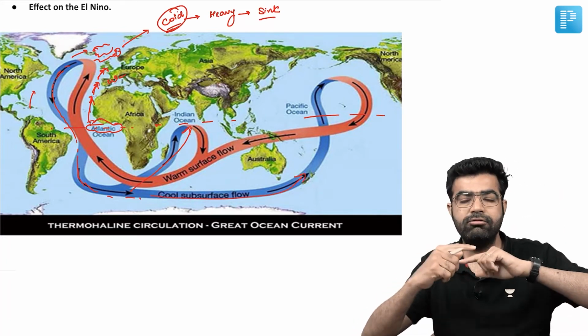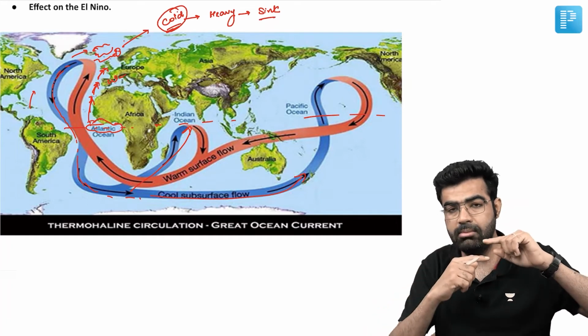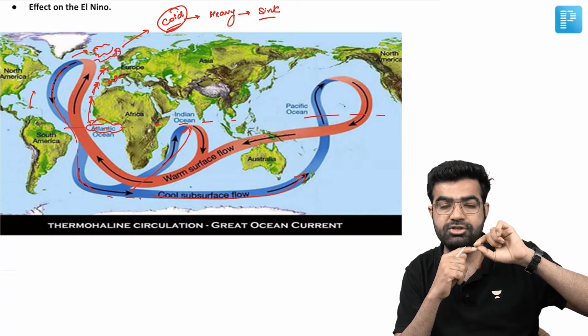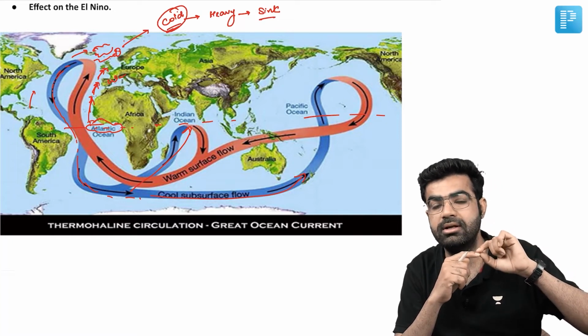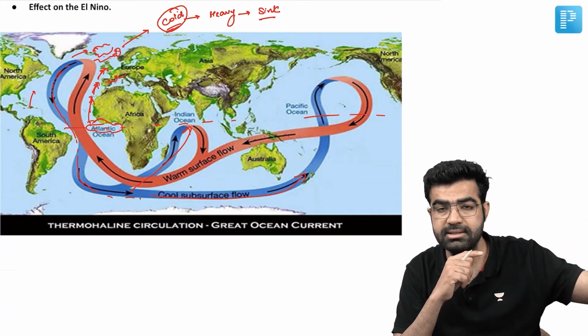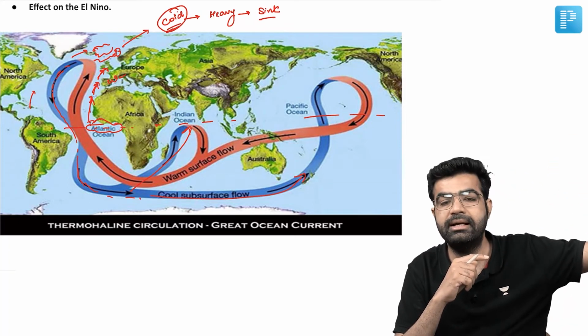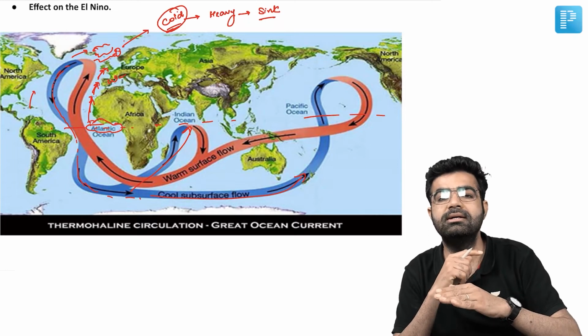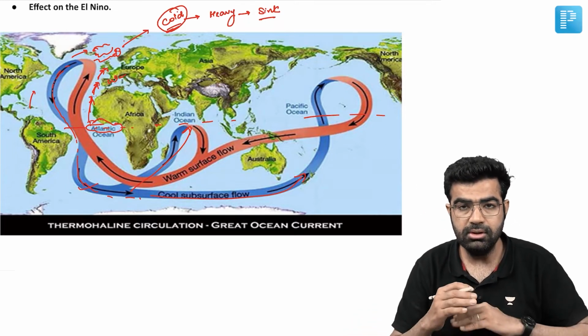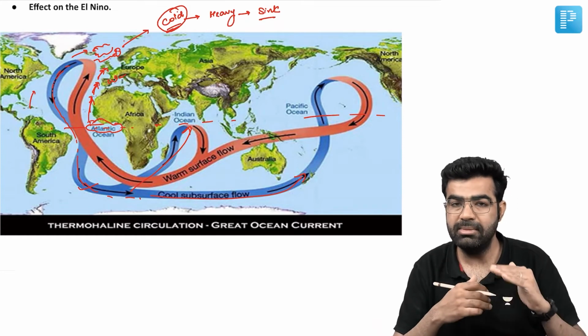So this is a kind of conveyor belt, and with the help of this conveyor belt you can actually remember how the temperature or heat distribution is occurring, how this heat is traveling towards the northern areas, and how this cold water is again traveling to the southern parts of these areas. So this is just a kind of conveyor belt mechanism.